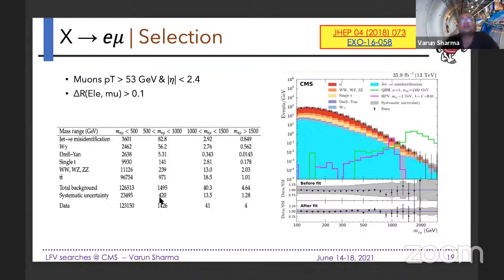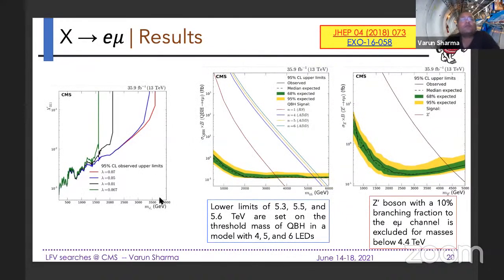And the results are then interpreted separately for each theory model. On the left-hand side is the R-parity violating SUSY model, where you have the limits in terms of coupling versus the mass of the sneutrino, for different settings of the coupling parameter ranging from 0.07 to 0.007.